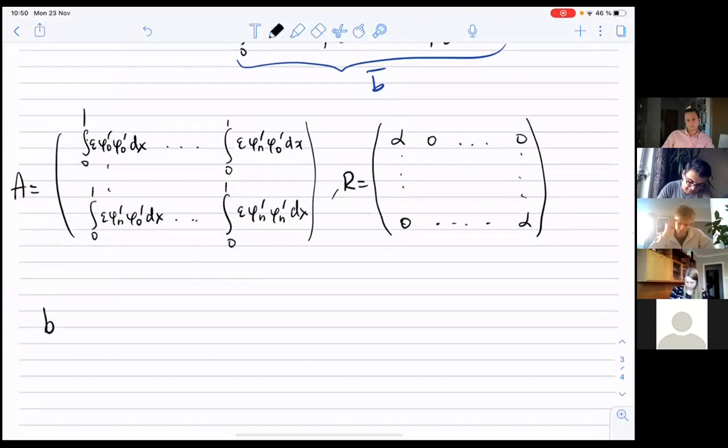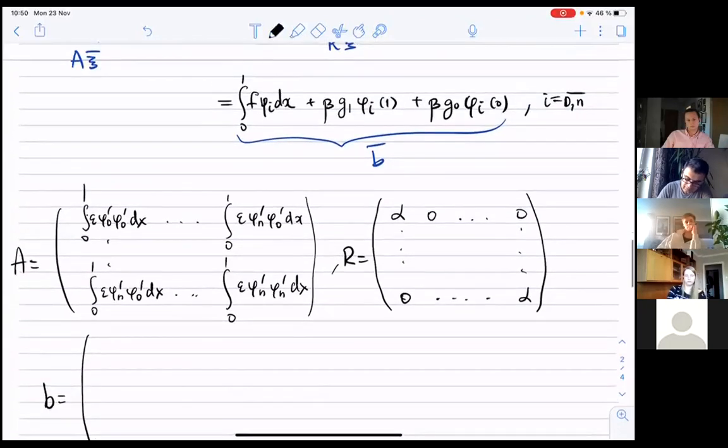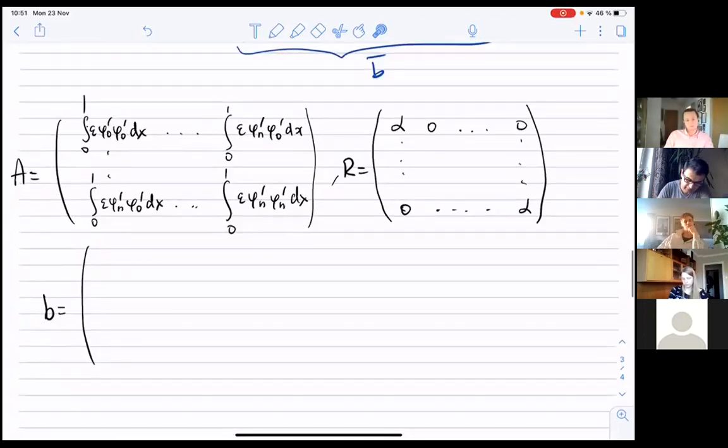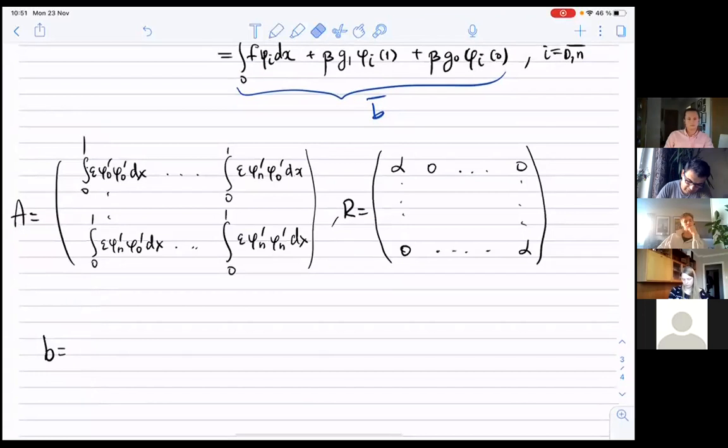And the right-hand side is similar, because here we see that phi n doesn't live except at the last point. The last hat function at this point is non-zero, the rest is 0. And the same here, phi 0 at 0 is 1, but the rest of the phi's are zeros. So here we have a similar situation. Let me just write it down. The first one is the integral from 0 to 1 of f phi 0 dx plus beta g0.